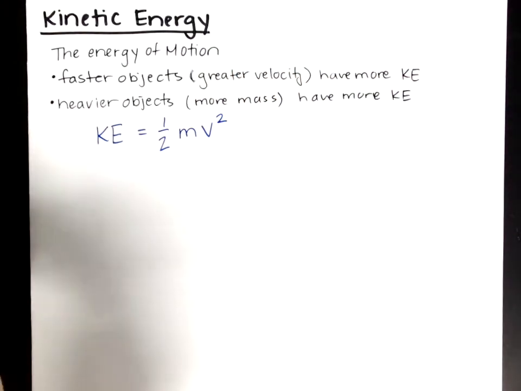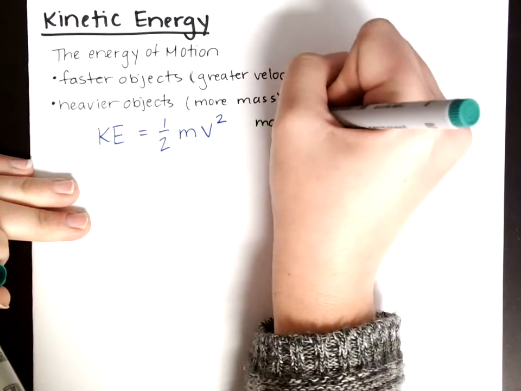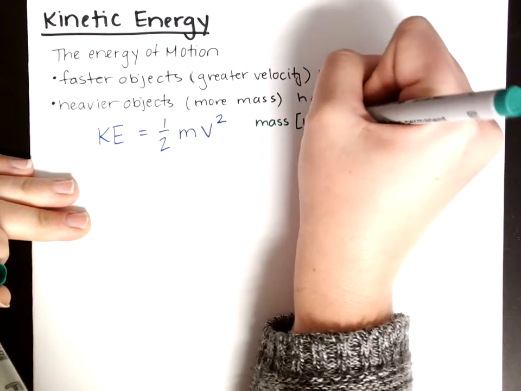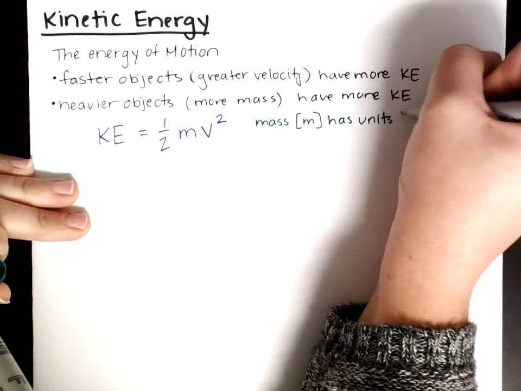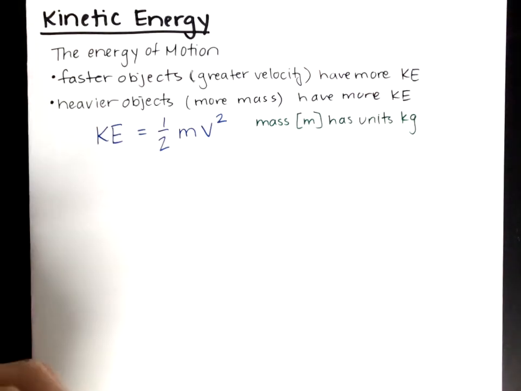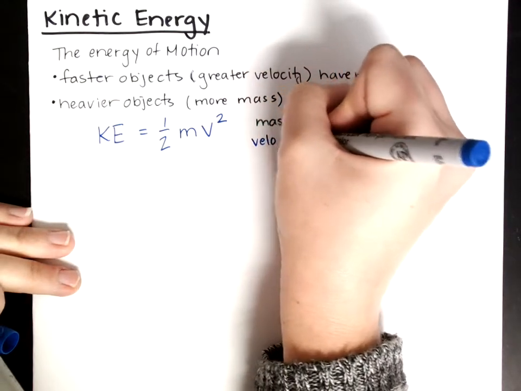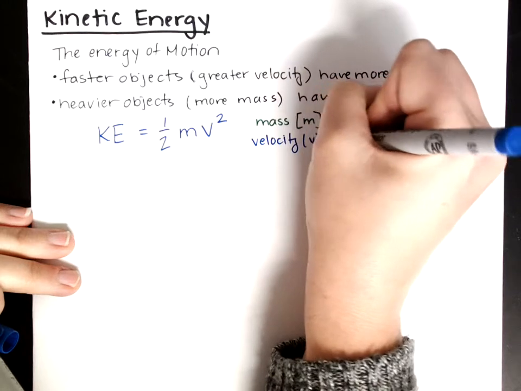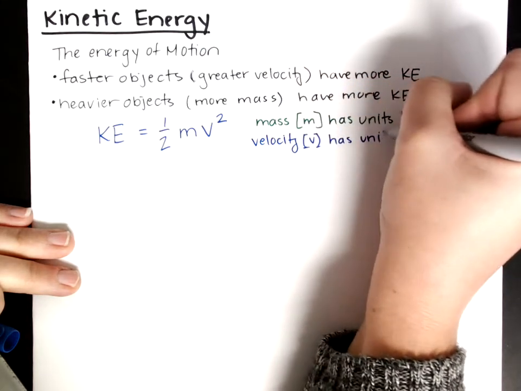And our units for all of these, well, you already know mass. Mass, or m, has units kilograms. Velocity, v, has units meters per second.